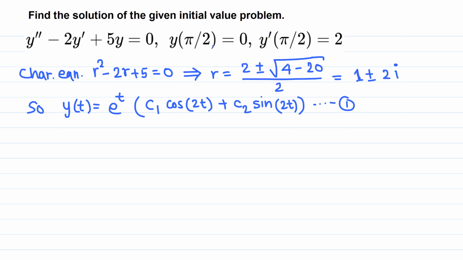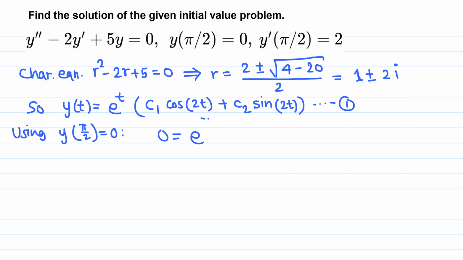So let's apply directly. Using y at pi over 2 equals 0, that means the y value is 0 when t is pi over 2.